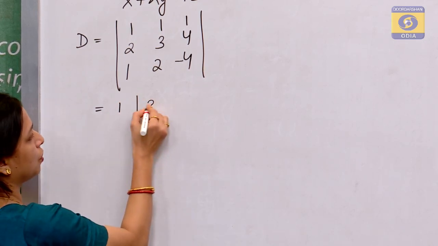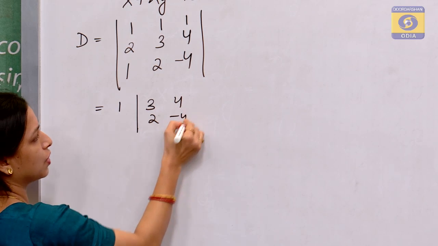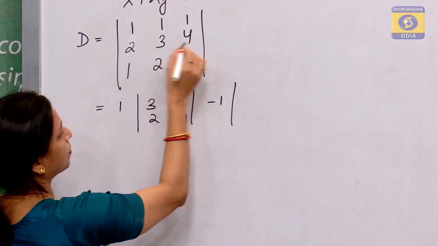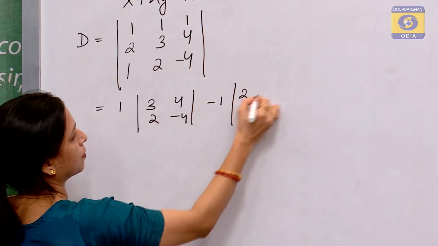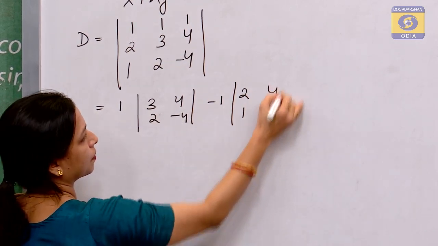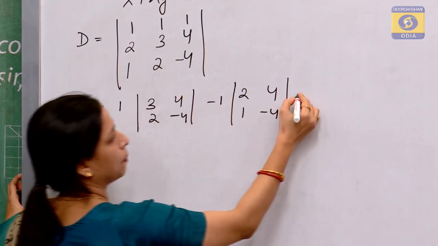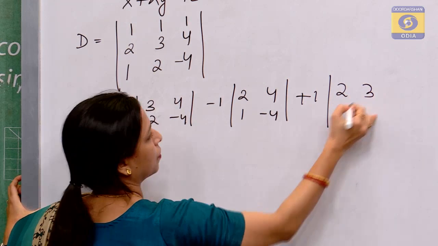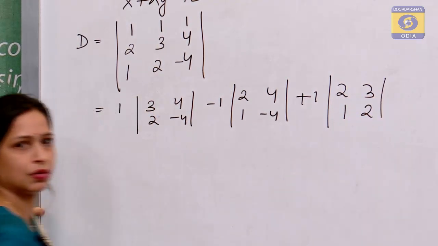First row, so 3, 4, 2, minus 4, minus 1, plus 1, again the second order determinant, right.